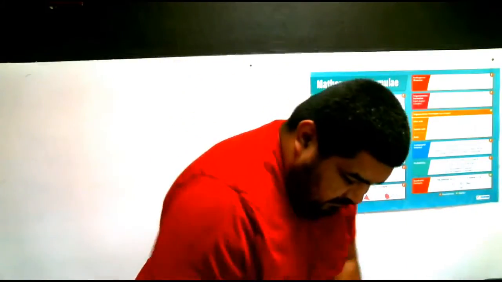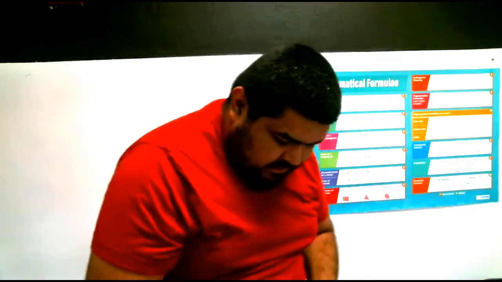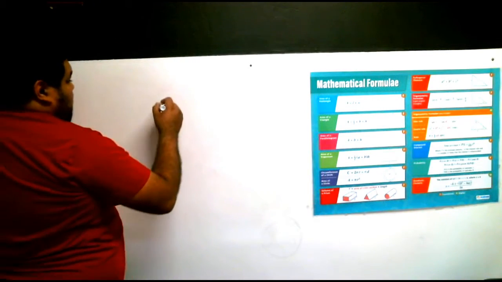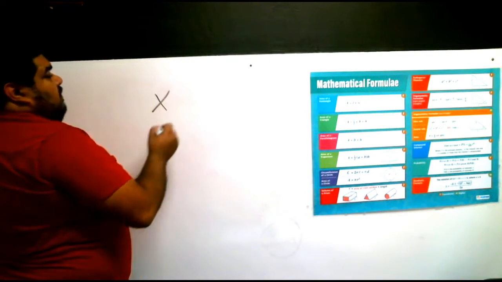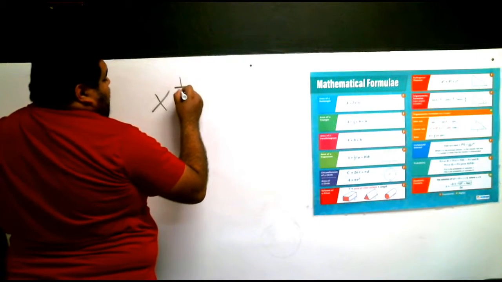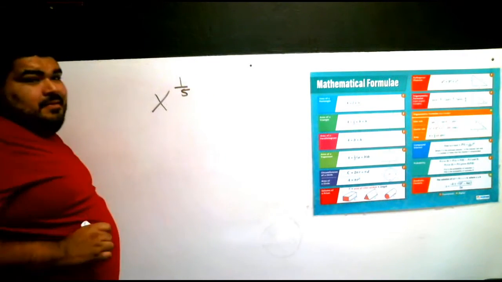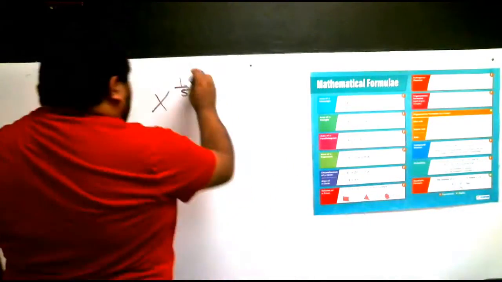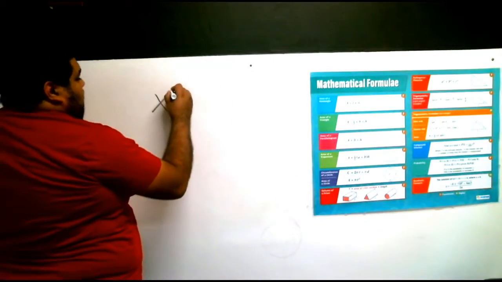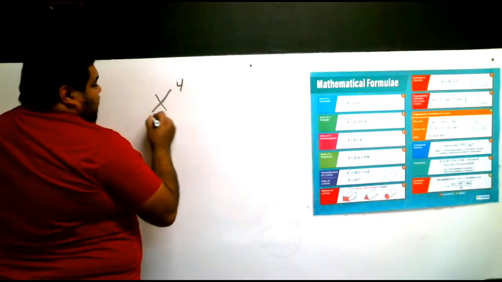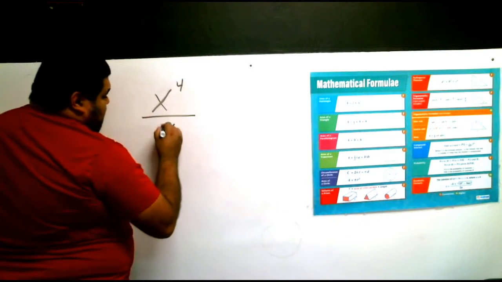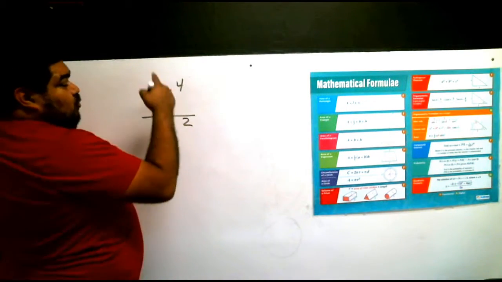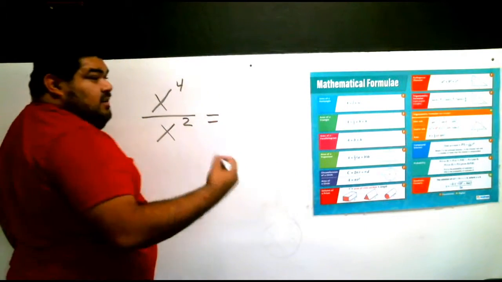Okay, so now the opposite. Let's start with the very basic stuff. x to the 4th over x to the 2nd. Again, keep the x.